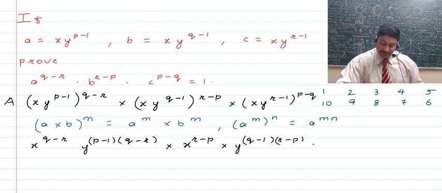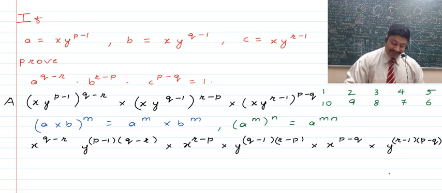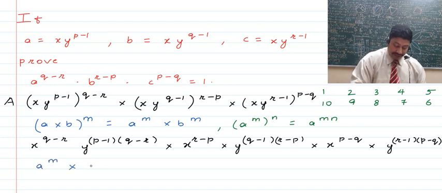Then we talk about the third term, which is x raised to the power p minus q, into y raised to the power r minus 1, which is multiplied with p minus q, due to this second rule that I discussed. Now next children, we will apply this rule, that is if we have a raised to the power m which is multiplied with a raised to the power n, then that will be written as a raised to the power m plus n.